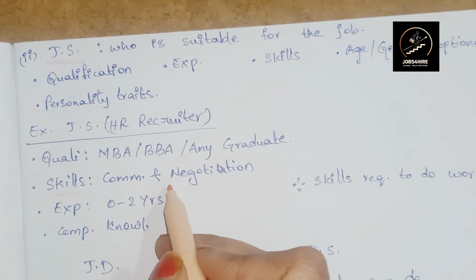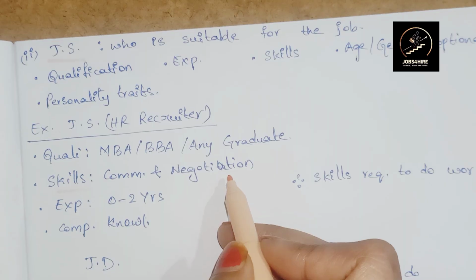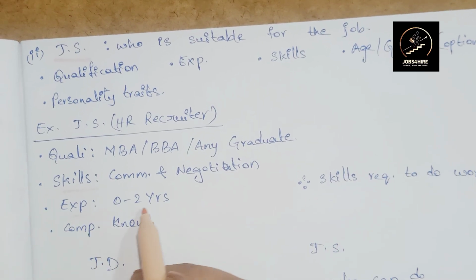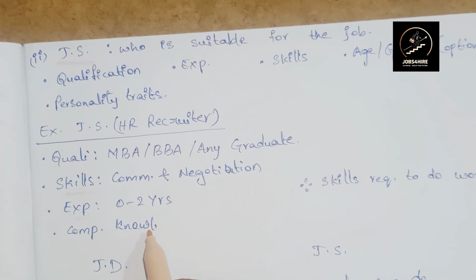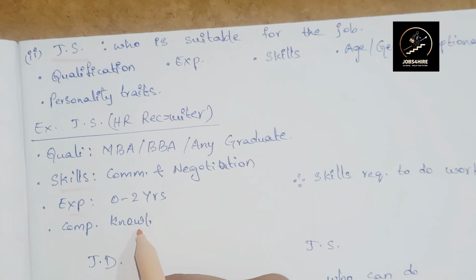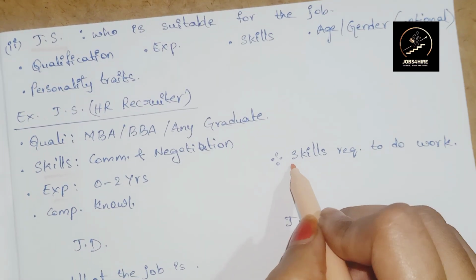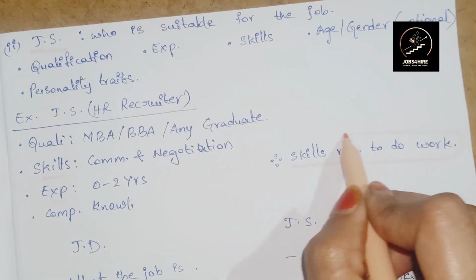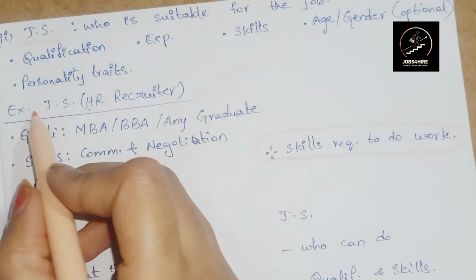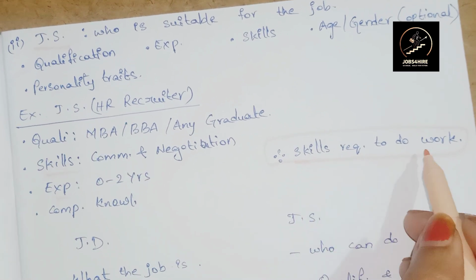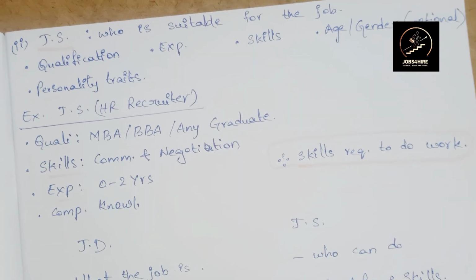Skills means communication skills and negotiation skills. Experience 0 to 2 years and basic computer knowledge is required. So here this means skills required for the job. Job specification means skills required to do the work or job.